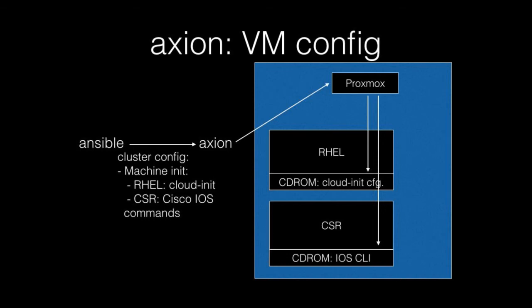And the same thing can be done for the CSR. In Cisco iOS, there is similar support for reading configuration from an attached CD-ROM. So that's something that Axion does. It bundles the information that is configured in the configuration file, and it creates what's needed for the CSR and the RHEL images to be configured when they boot up.